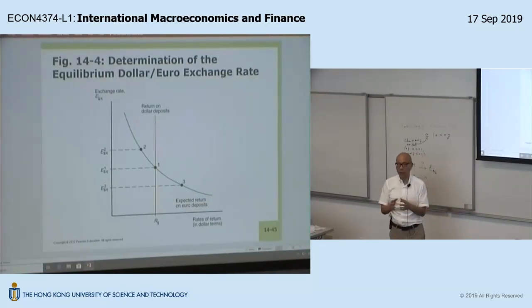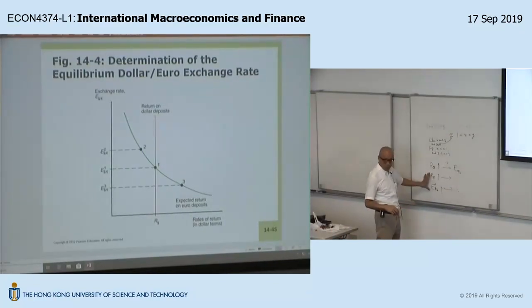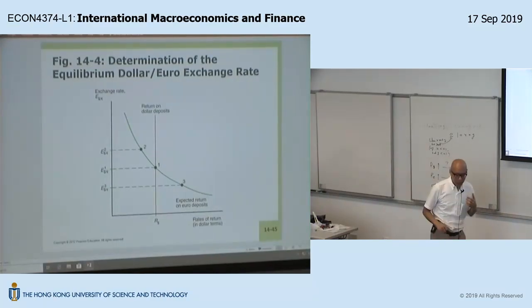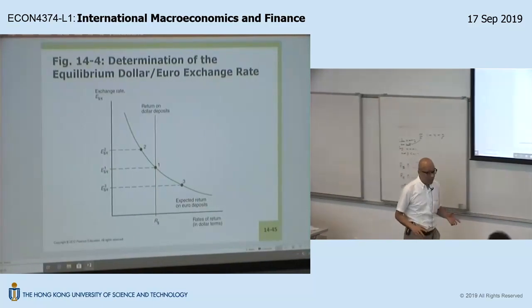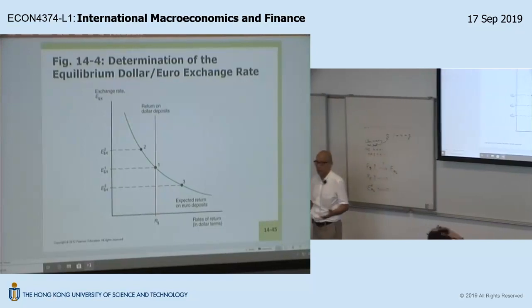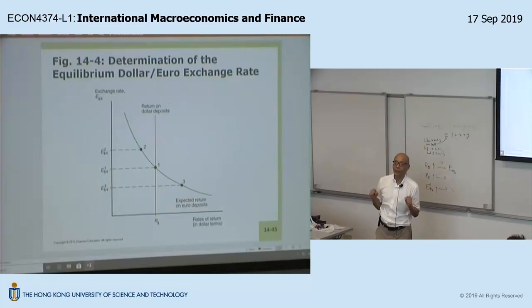Because EE is unchanged, our euro is unchanged, as a result the dollar rate of return on dollar deposit becomes more attractive. And so people will sell the euro and buy dollar, and the dollar will appreciate.